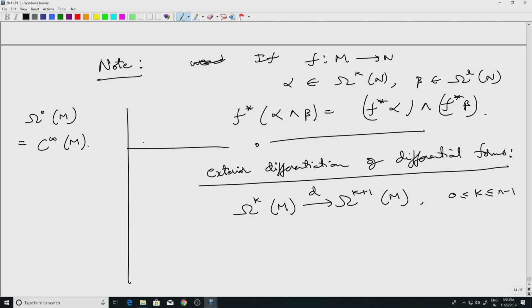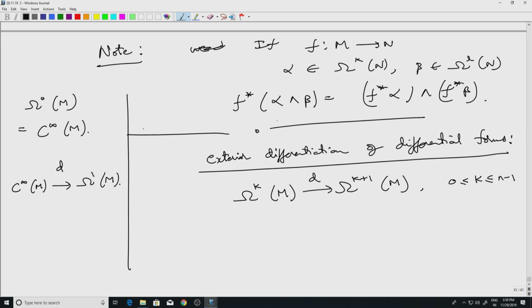According to what we are going to define, d will take C infinity functions on M to 1-forms on M, and we already know how to do that. Given a C infinity function, I get a 1-form just by taking its derivative. So when k equals 0, this d will be exactly that operation, just taking the derivative of functions. When k is greater than or equal to 1, we have to do something new.